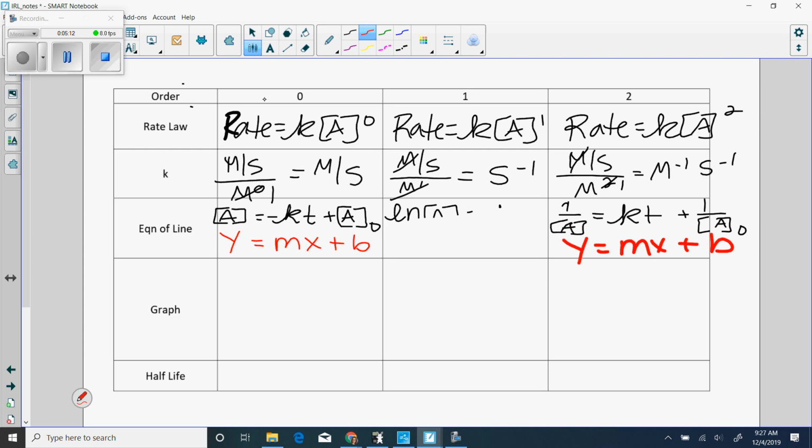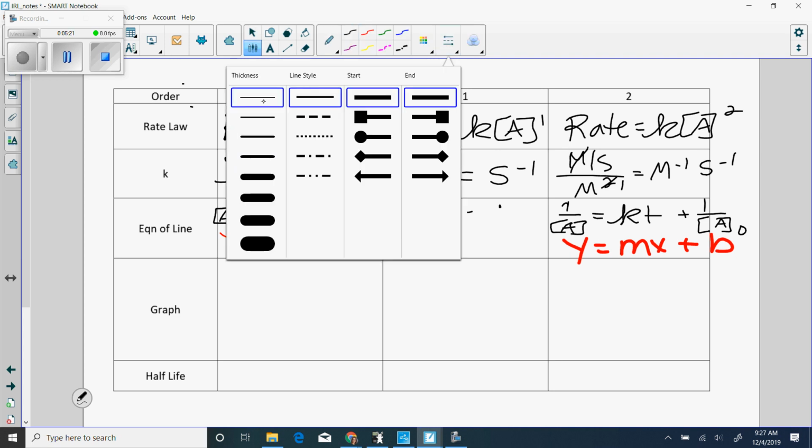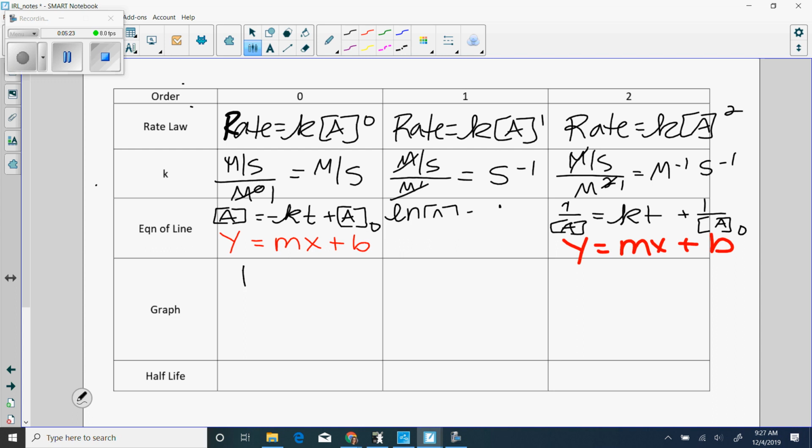The reason we are stat plotting is because we need to find out which of those options is going to make a linear graph. If it is zero order, time versus concentration is going to be linear. They don't have to do anything, which is y equals mx plus b.